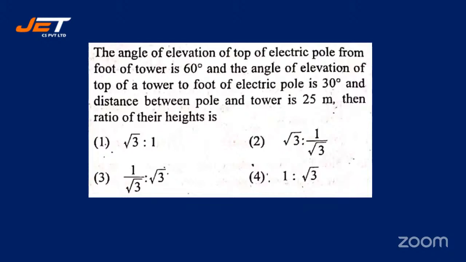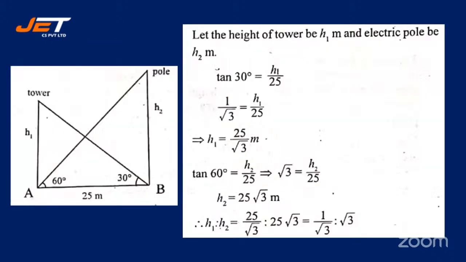The angle of elevation of top of electric pole from foot of tower is 60 degrees and the angle of elevation of top of a tower to foot of electric pole is 30 degrees. And distance between pole and the tower is 25 meters. Then what is the ratio of their heights? So you can just see here, let the height of the tower be h1 and the height of the electric pole to be h2.